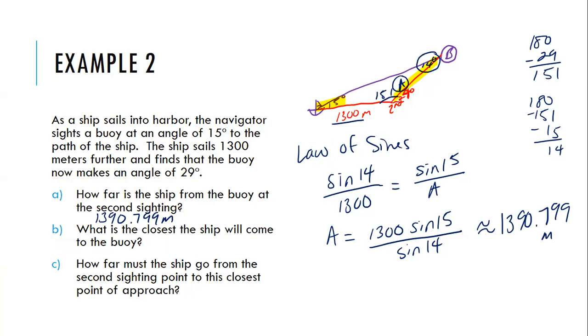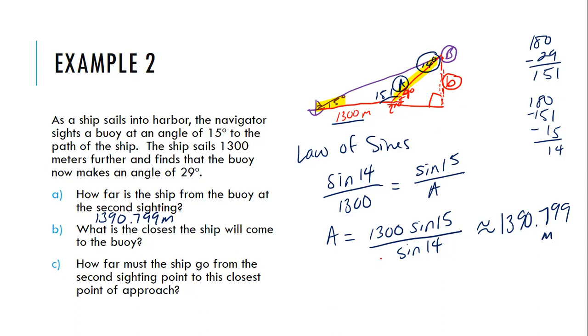The shortest distance to anything is to go straight, not diagonal, but you want to be perpendicular to it and head towards it. So if I want to get here, I need to know this value, because that is going to be my shortest distance to the buoy. So this is what part B is asking us to solve.